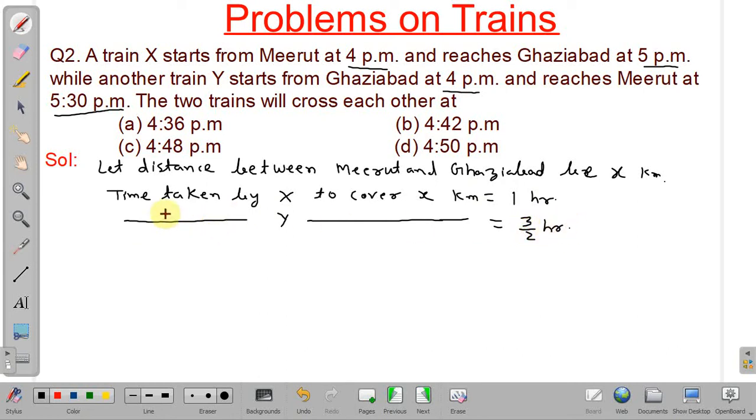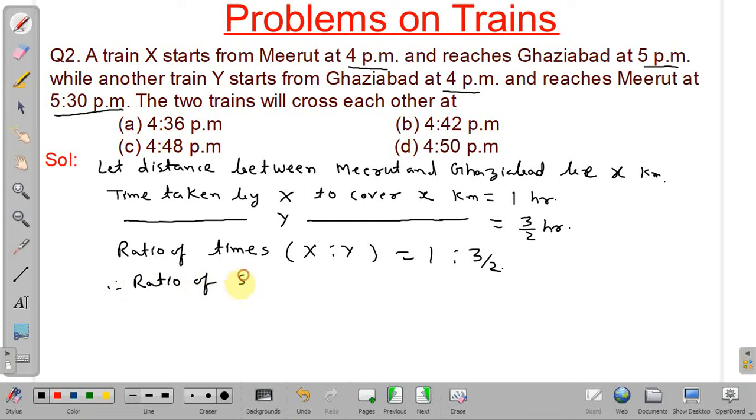Now the ratio of times taken by X and Y, the ratio of times X to Y, will be 1 ratio 3 by 2. Now you can see the distance covered is the same. So the ratio of speeds will be the reciprocal of the ratio of times. So the ratio of speeds X ratio Y will be equal to 1 ratio 2 by 3.